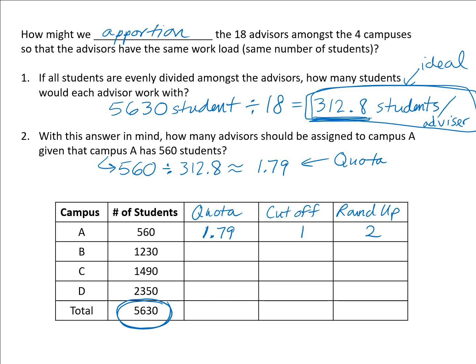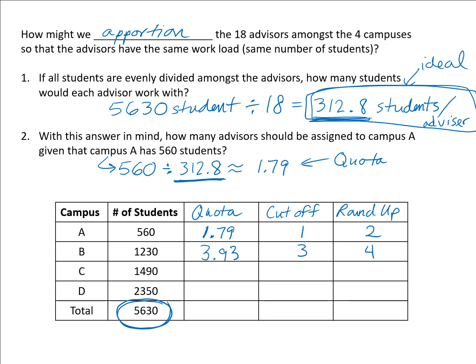Campus B, we could do something similar. Just divide Campus B's student number by 312.8, and you'd get 3.93. Once again, a decimal, but that would be the ideal quota, having 3.93 advisors at Campus B. But again, that's unrealistic in terms of a fractional advisor, so you would have either 3 or 4.